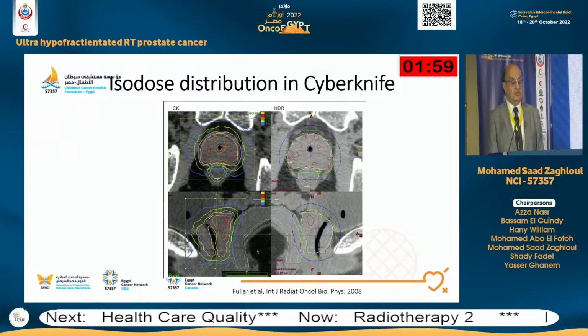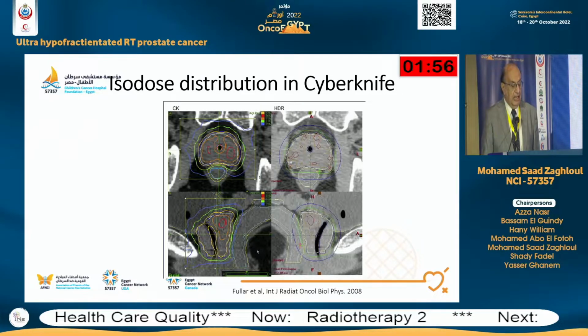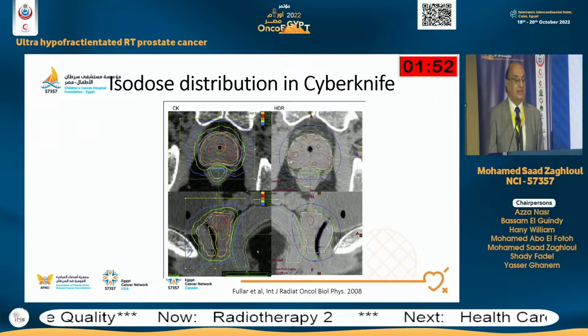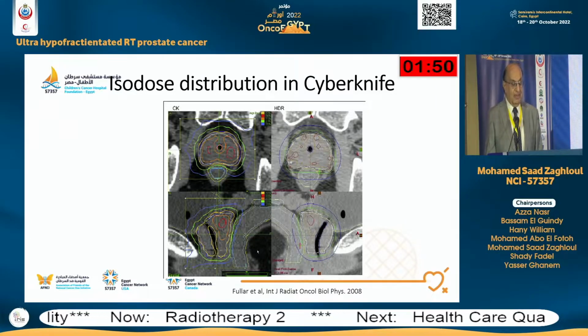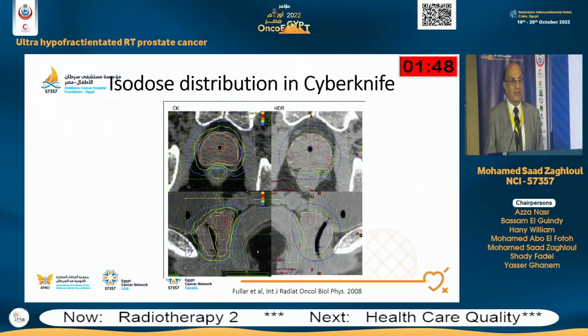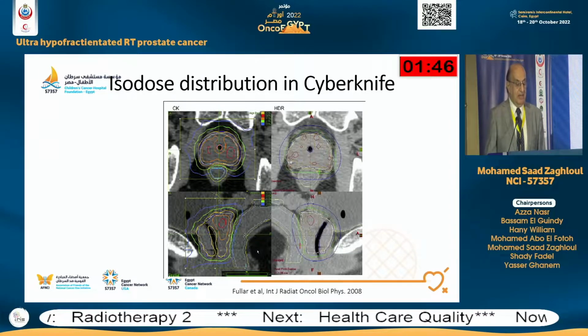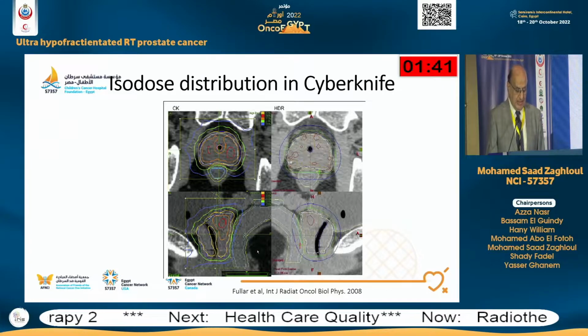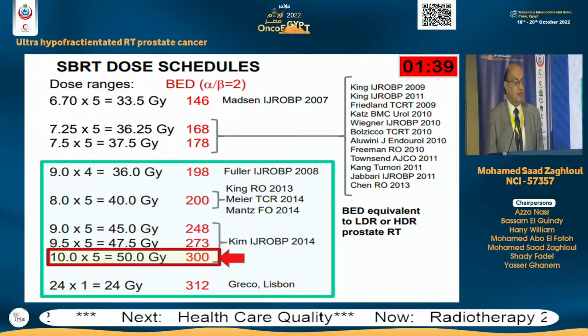The isodose distribution is done for those who are doing it. It's not that complicated. It's more complicated than the other planning, but you can master it if you do it quite often.